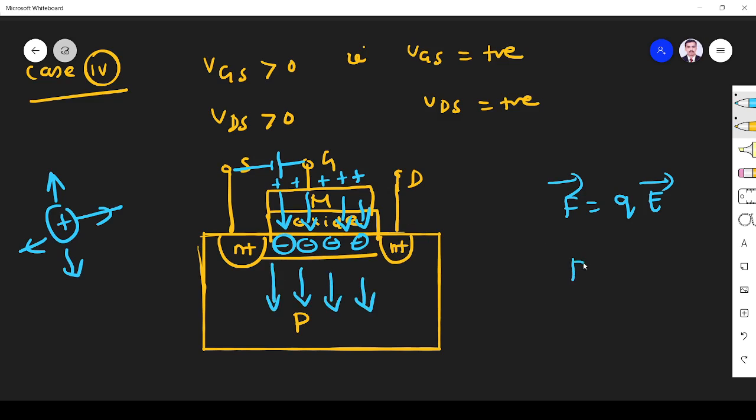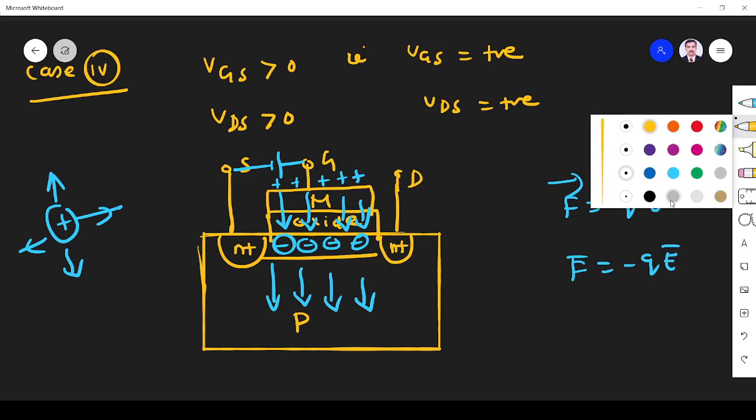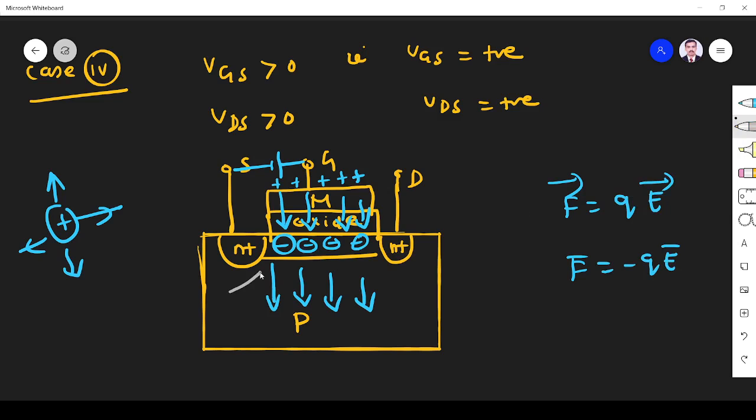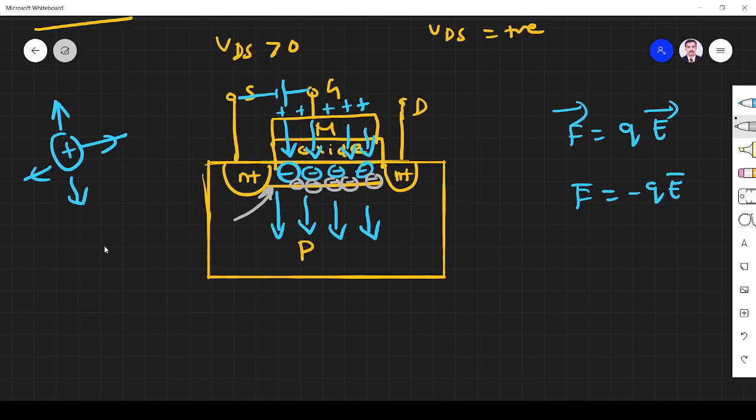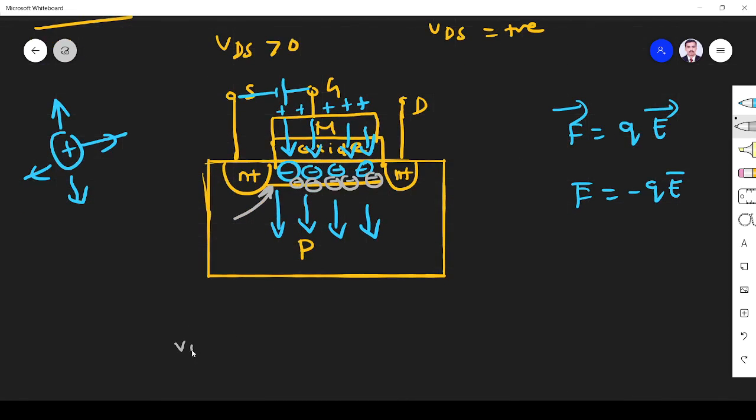For a negative charge carrier, the force will be opposite to the electric field, so all the negative charge carriers will be pushed in the opposite direction. So this region is filled with more electrons. Here the channel width increases. So if VDS is greater than 0, more electrons are attracted towards the channel.